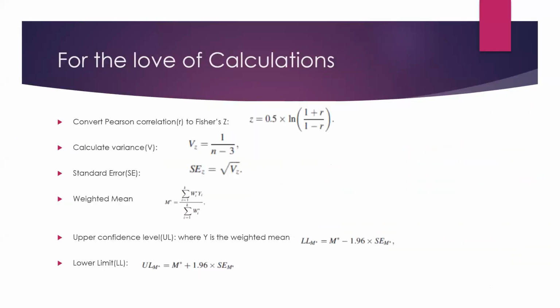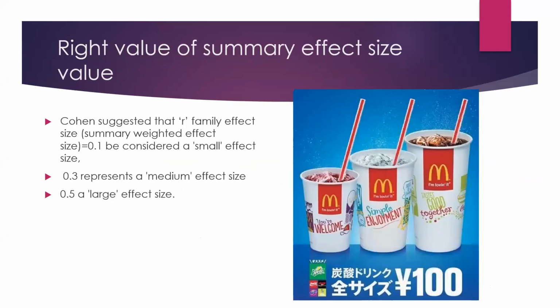Okay, interpretation. In my Meta Essentials, I've got 0.38 as my effect size. The interpretation has to be done to it. Is it a small effect size? Is it medium? Is it large?